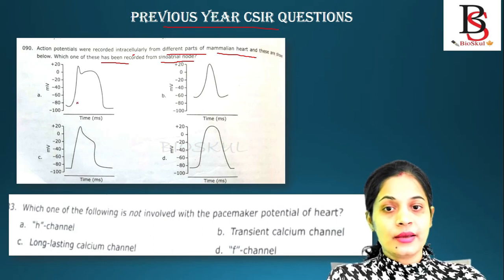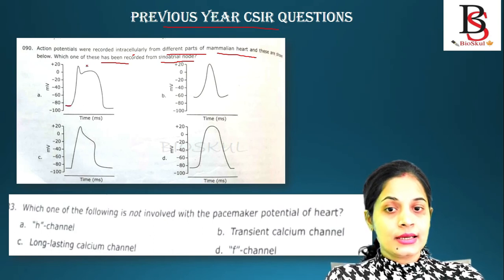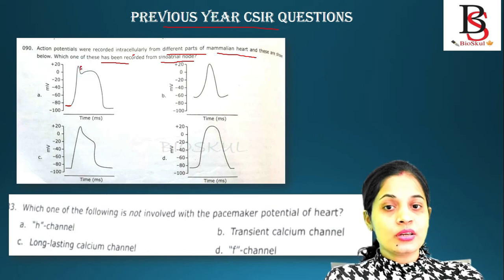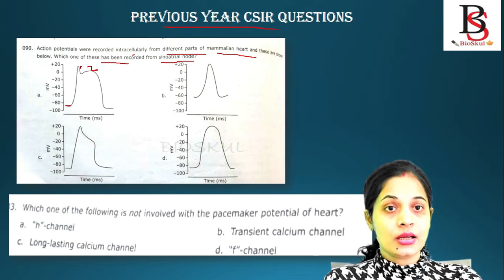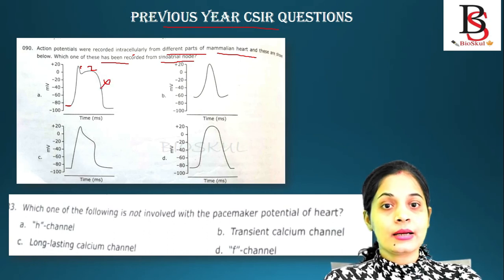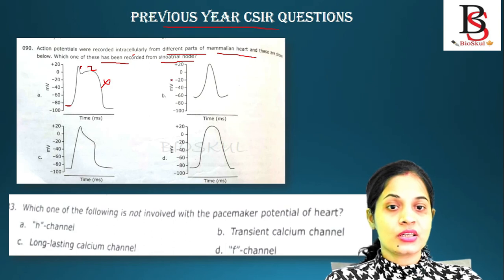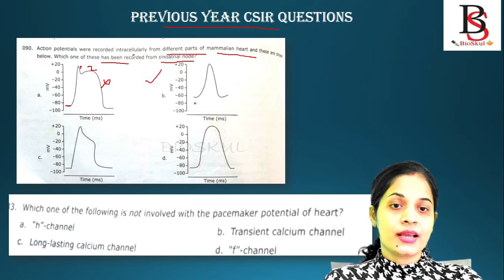See option A. This one has resting potential. Also here you can find phase 1, also phase 2, which is absent in the pacemaker cell. It is present in the action potentials of cardiac myocyte. So this one is for cardiac myocyte action potential, so this one is wrong. Option B, yes, this one is correct.